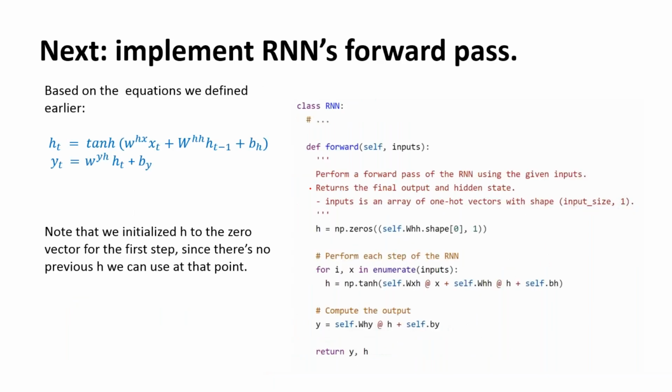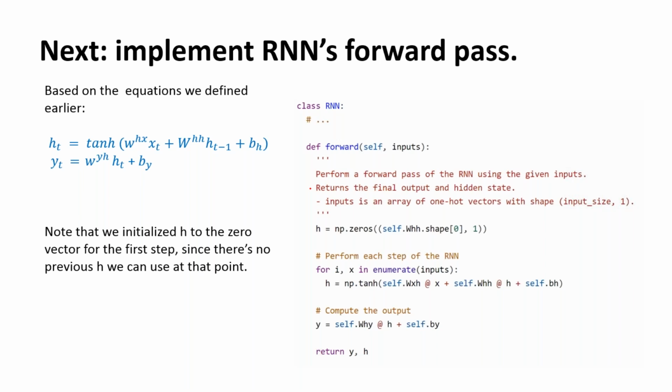So next, based on the equations we defined earlier, we have ht and yt. We can note that we initialized h to the 0 vector for the first step, since there is no previous h.